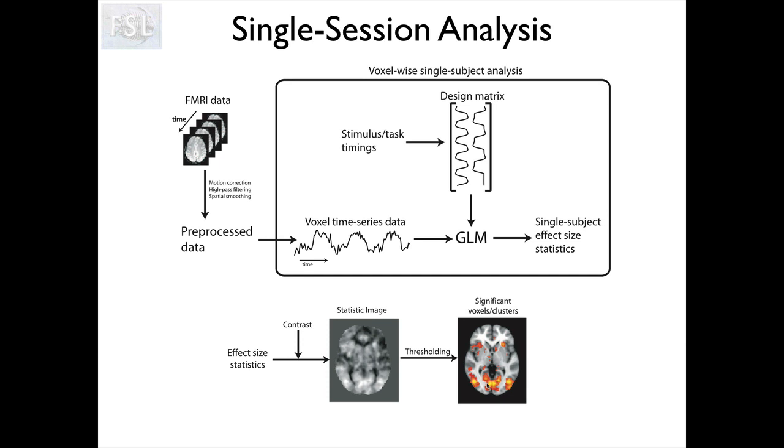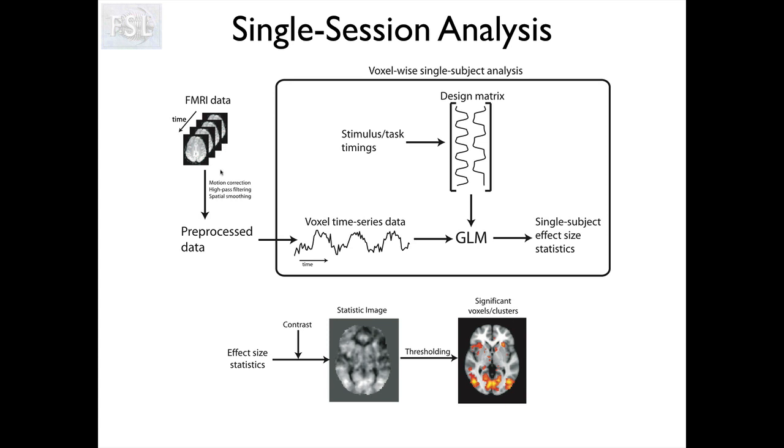Now, I think personally that this is the most important part for you to learn and to get your head around. And the reason for this is that the pre-processing, yes, it is very important, obviously, but there's not so much you can do about it.